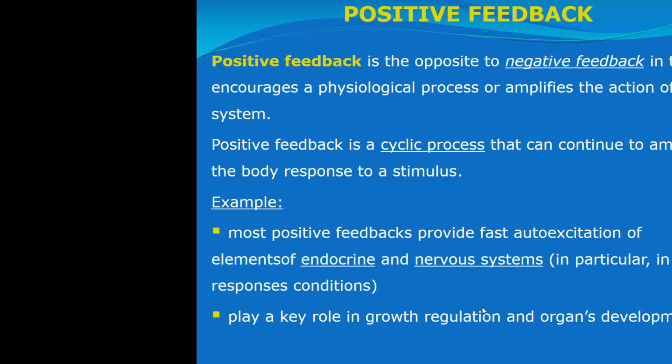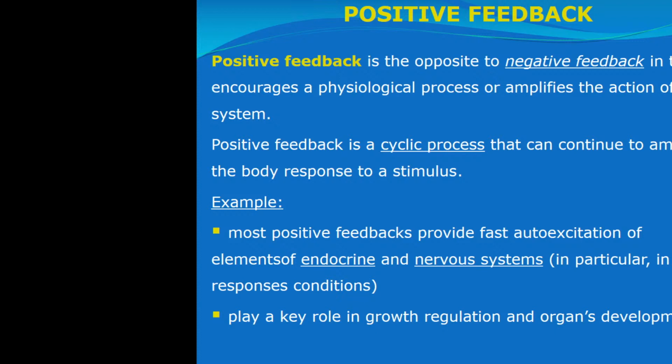Positive feedback is the opposite of negative feedback in that it encourages physiological processes or amplifies the action of a system. Positive feedback is a cyclic process that can continue to amplify the body response to a stimulus.